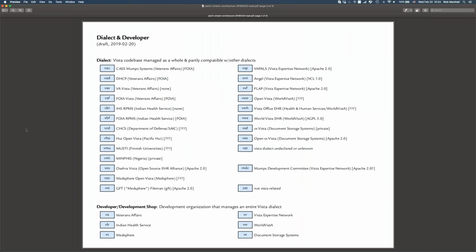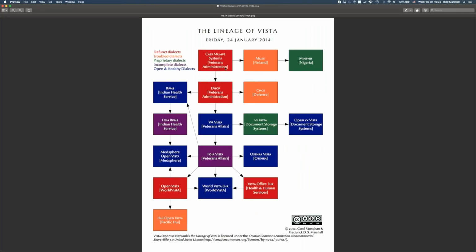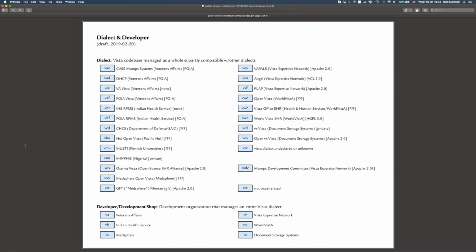So dialect and developer, right? So we needed to come up with codes for this lineage of Vista diagram. We needed to get coherent about this. So we've come up with little three-letter codes, and this is partially derived from the namespacing schema that's used by the Database Administrators Committee. That's an organization. It's part of OSEHRA.